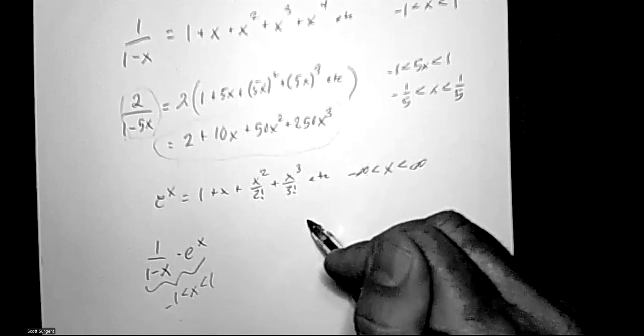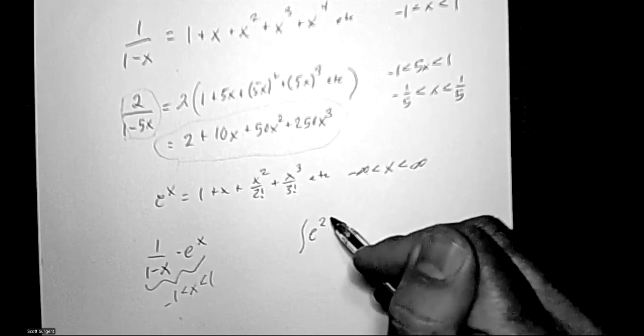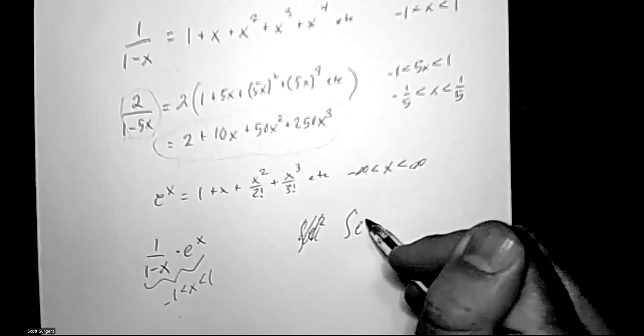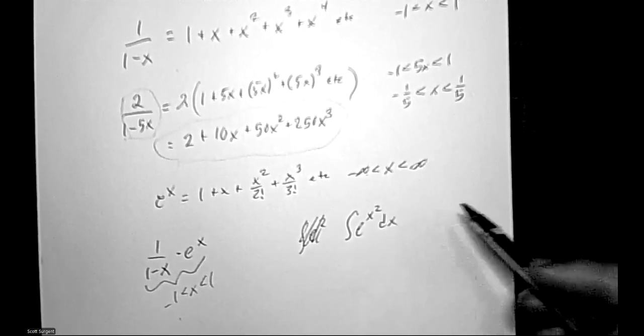If you get to differential equations, we tend to use the Maclaurin series a lot because unfortunately some of these e functions are not very friendly when we start getting integration. You can't integrate e to the x squared dx.